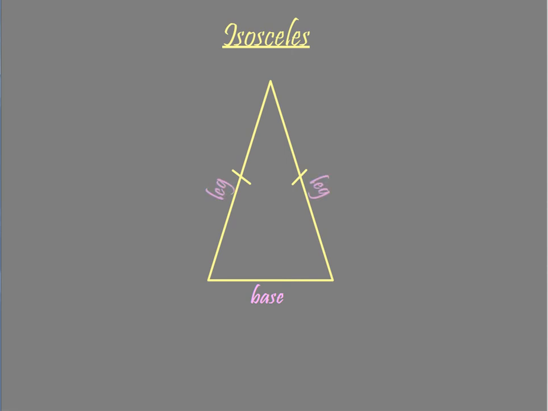The 2 sides that are congruent to one another are called the legs. Now down here by the base, notice there's 2 angles that will always be next to the base, and those are going to be called the base angles. The base angles will always be congruent to one another, in an isosceles triangle, that is.